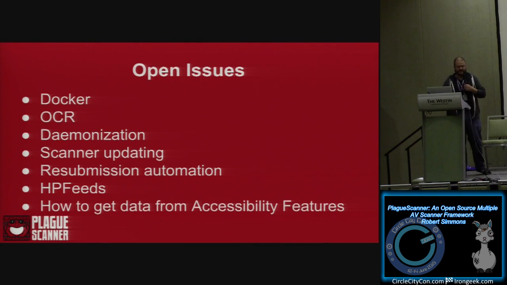And then also, one of the things I want to do is have resubmission automation, once I have a daemonized core. The reason for this is, let's say you have a binary that is not detected at all. You know that it's malicious. You've begun reverse engineering it, you've begun doing further analysis on it, but you may not yet know what it is.